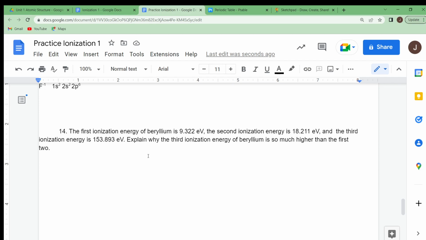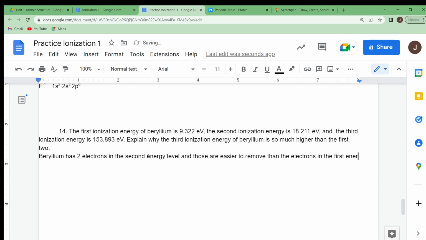that has to do with a jump of energy level. So our explanation here is also going to involve us explaining that beryllium has 2 electrons in the second energy level. And those are easier to remove than the electrons in the first energy level.